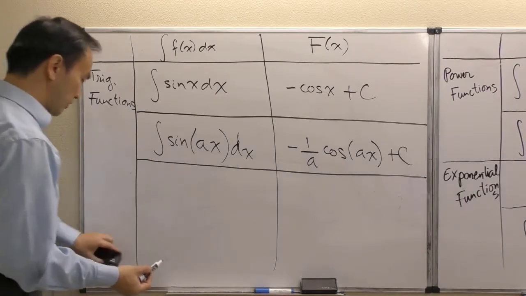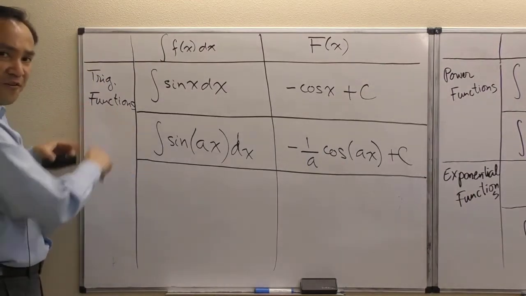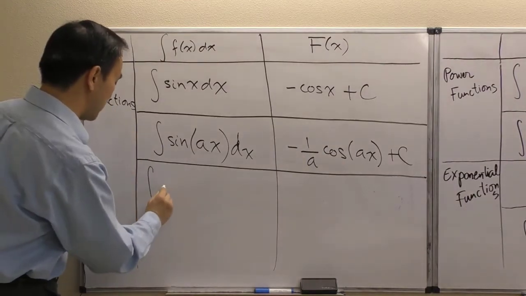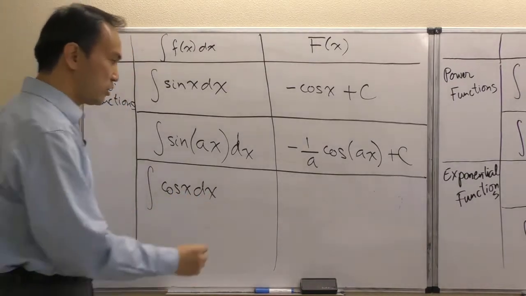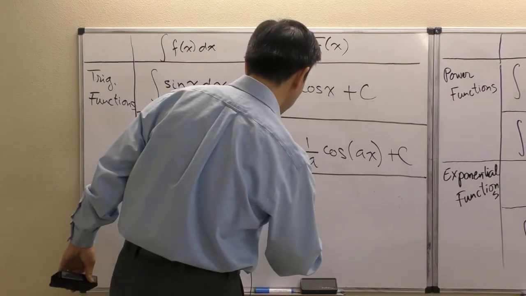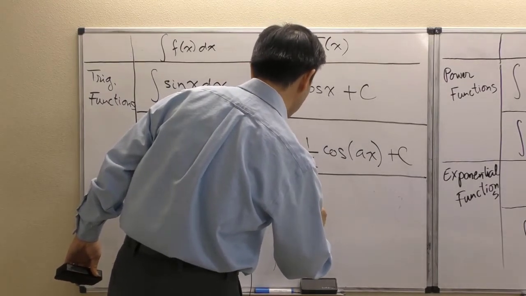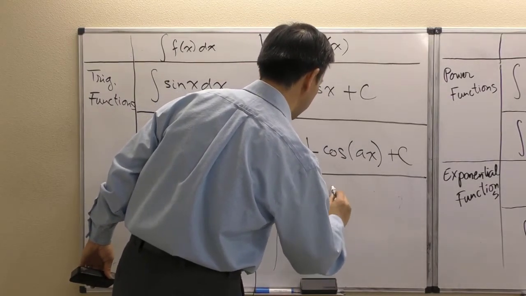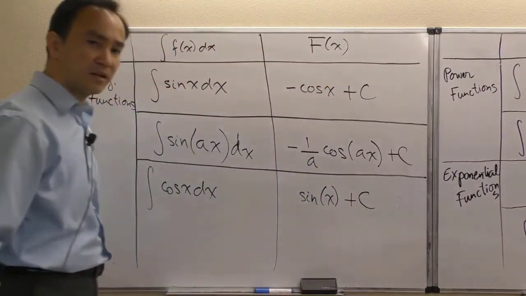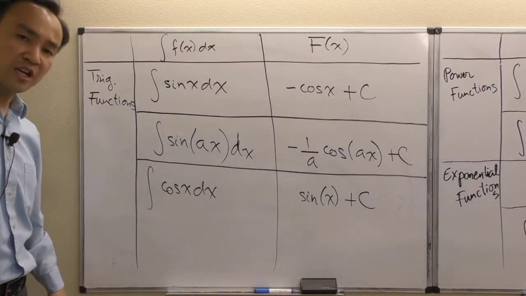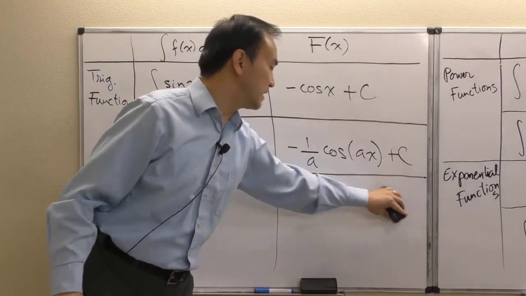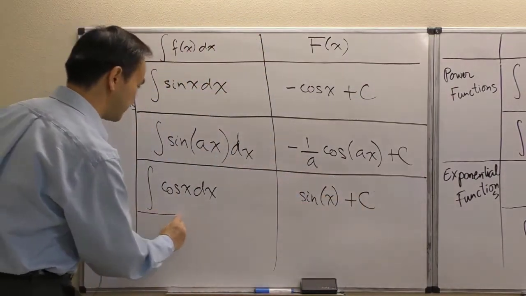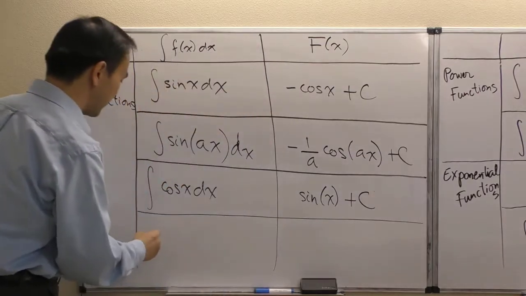And then we also learned further, still among the trig functions, the antiderivative of a cosine of x function. That will be sine of x plus c. Antiderivative of cosine of x will be sine of x plus c. And then again, in any of these special cases, I will prove them.